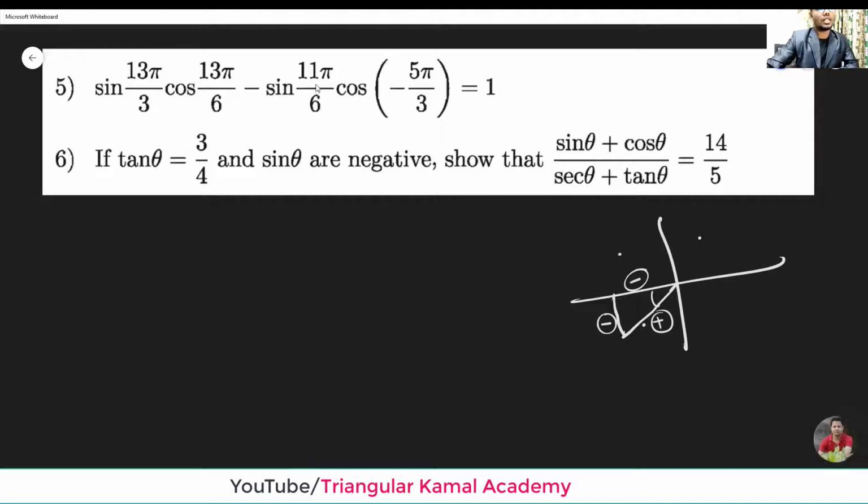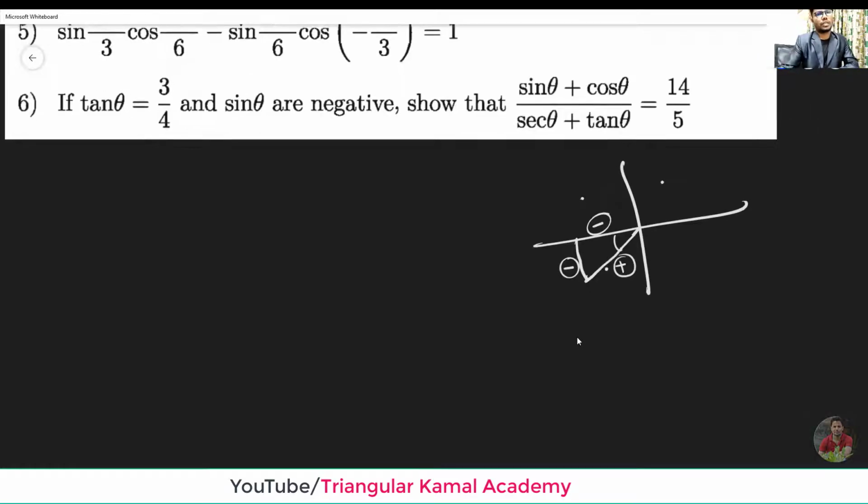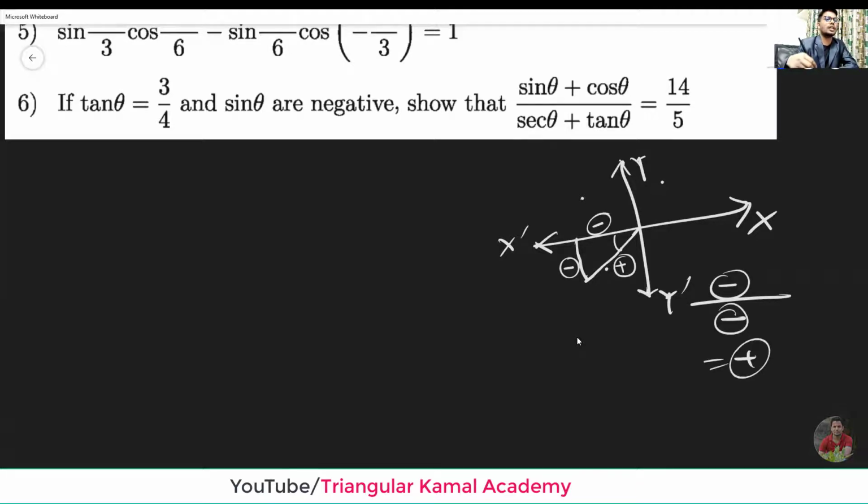In the third quadrant, this is x prime, this is y, this is y prime. Tan is positive because opposite side is minus, adjacent side is also minus, so minus minus is plus. That's why in the third quadrant tan is positive.